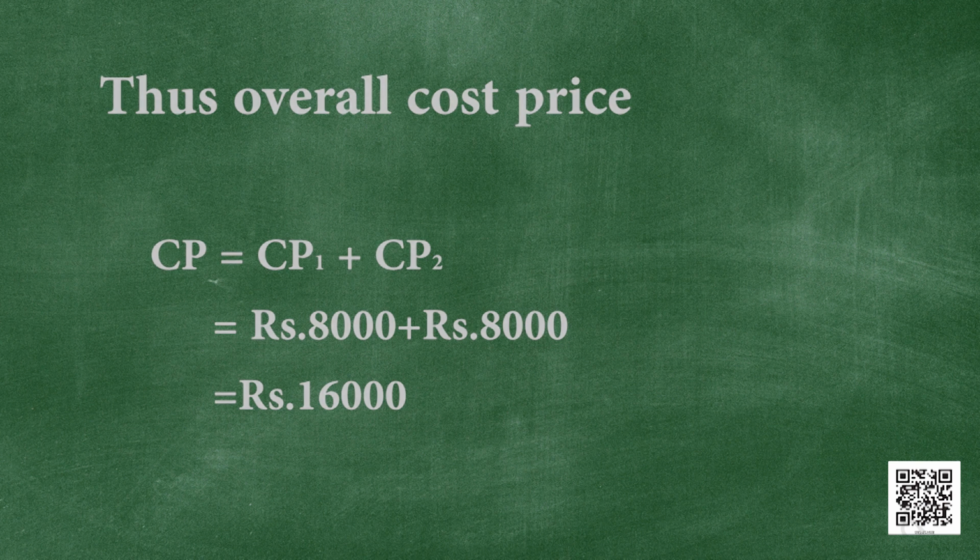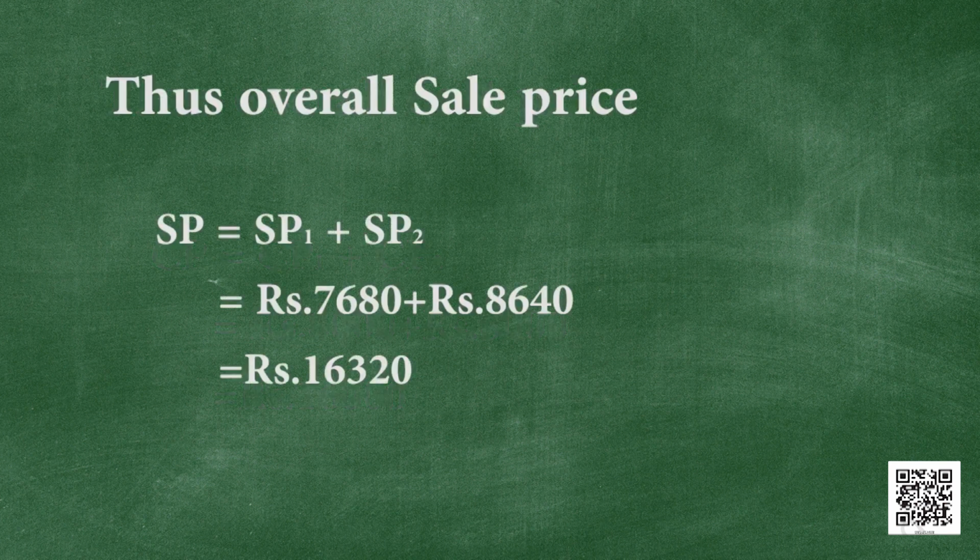And now let us look at the overall sale price, that is given by SP is equal to SP1 plus SP2. So, that is equal to rupees 7,680 plus rupees 8,640. On summing these two, we get that as rupees 16,320.